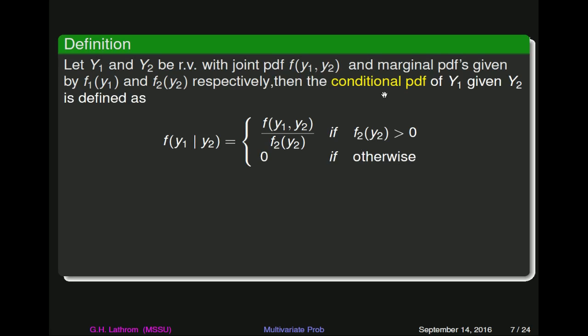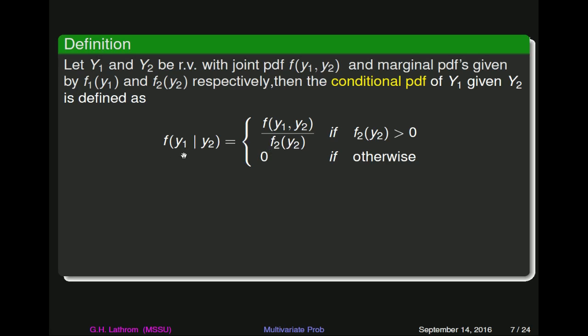Then the conditional PDF of y sub 1 given y sub 2 is going to be defined as f of y sub 1 vertical bar y sub 2, so it's like we're assuming that y sub 2 is given. Then that's going to be defined as the joint PDF for y sub 1 and y sub 2 divided by the marginal PDF for y sub 2.